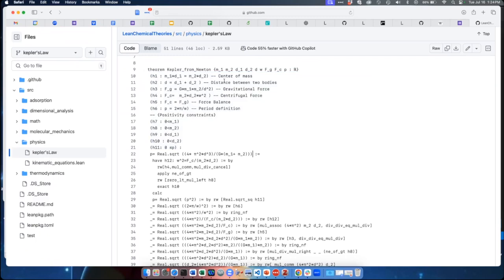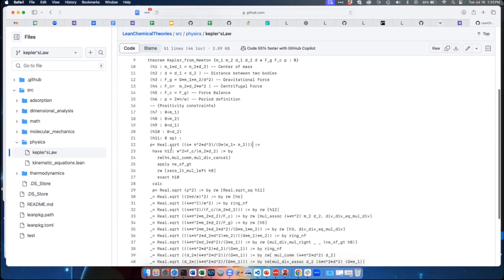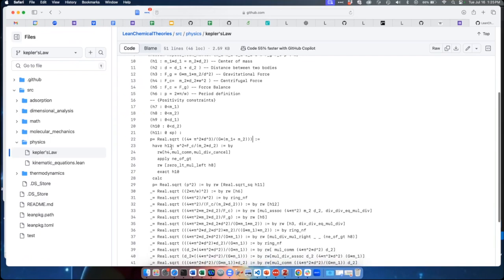This might be the sun and the earth, or the earth and the moon, or two different stars, for example. We have the gravitational force, the centrifugal force, force balance, and the definition of a period. We also have constraints: mass never takes a negative value, distance never takes a negative value, and so forth. Period, we don't have a negative period.